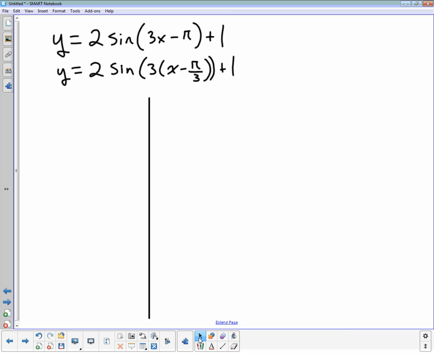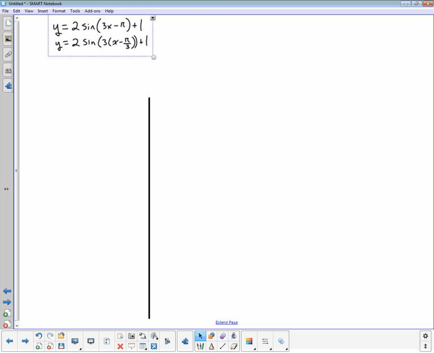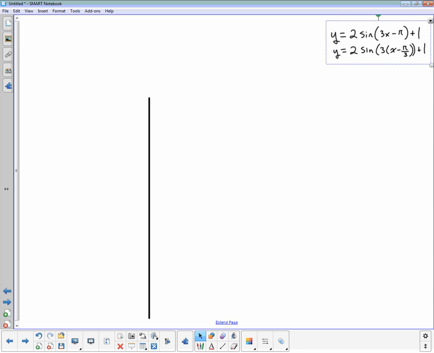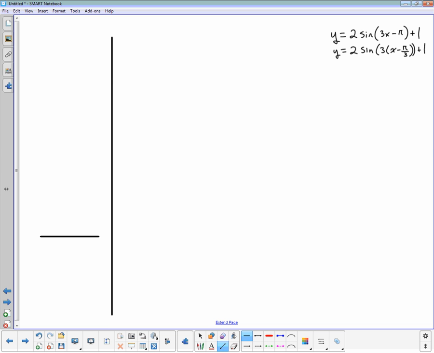And actually, now that everyone's got that copied, I'm just going to shrink it because I want as much space as I can fit. All right, so there's my x and my y.